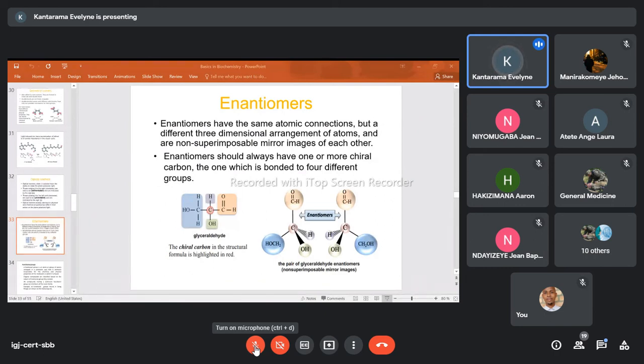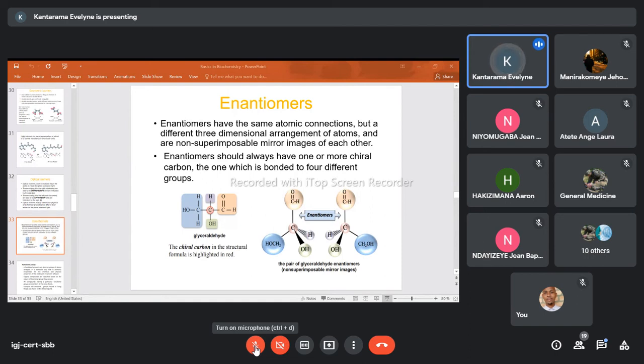And they are non-superimposable mirror images of each other. This is an exercise you are familiar with, I'm sure, from secondary school. Your teacher talked about those mirror images. If you put your right hand in front of a mirror, the image in the mirror will behave as if it is your left hand.